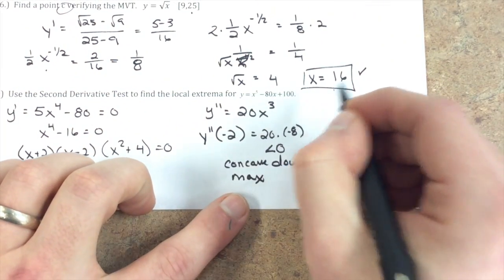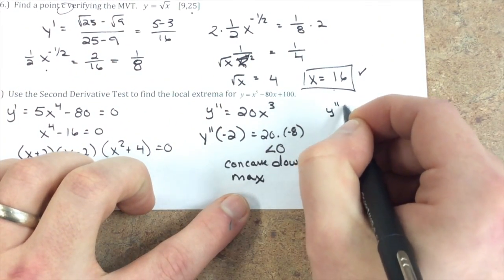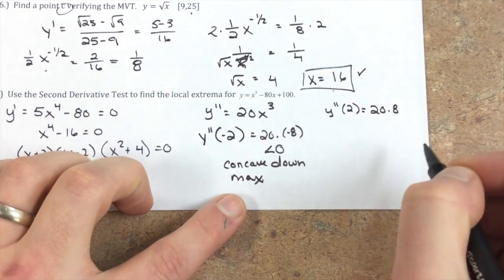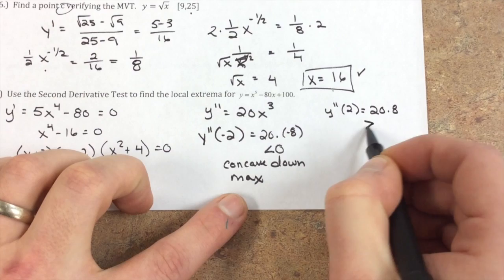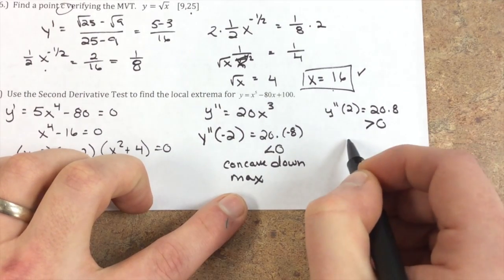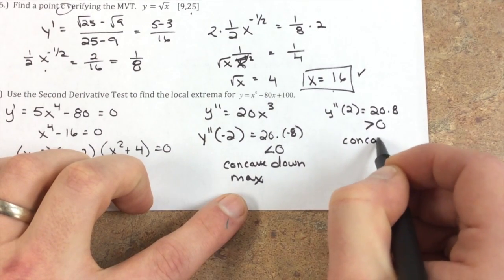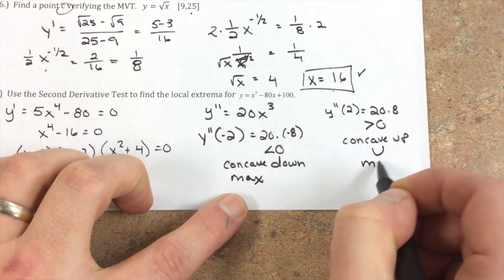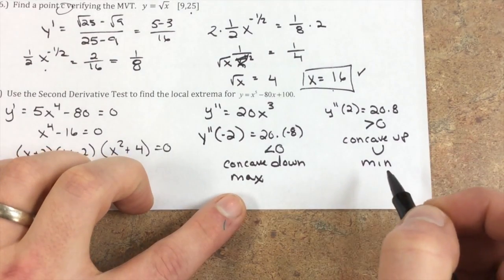Likewise, if I plugged in 2, I get 20 times 8, which is greater than 0. If it's greater than 0, then it's concave up. It's a smile, which means we have a min at 2.